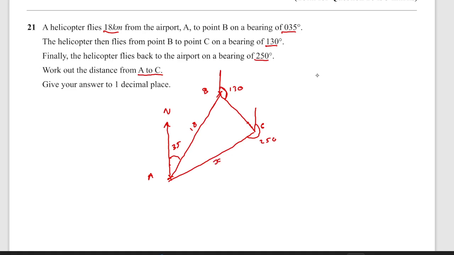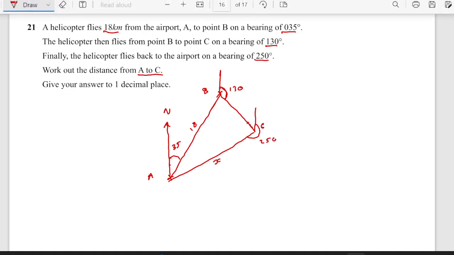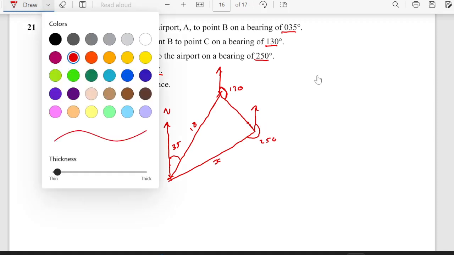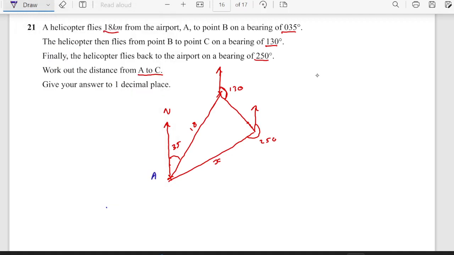I'll call that x for now. I've extracted the information from the question, and I'm going to take some of the letters out to highlight them better. So we've got A, B, and C, and we want to find x.